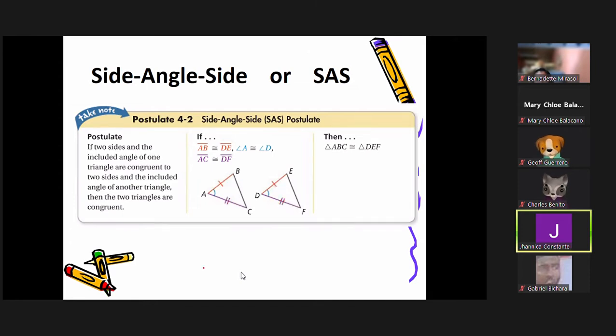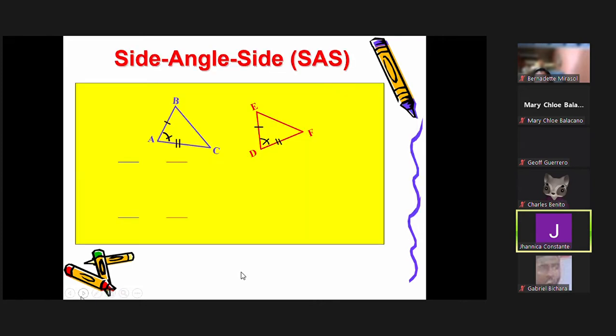So if two sides and the included angle of one triangle are congruent to the two sides and the included angle of another triangle, then the two triangles are congruent. Okay, so for example, we have this given triangle, triangle ABC and triangle DEF.